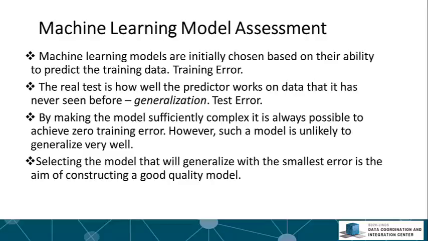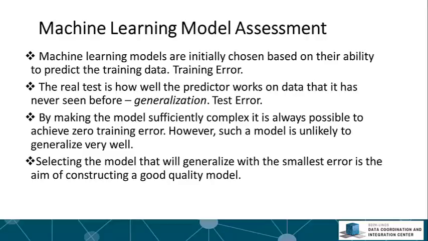Now the problem is that by making the model sufficiently complex, it is always possible to achieve zero training error. But when such a model receives data that it has not seen before, it will likely have a large error.